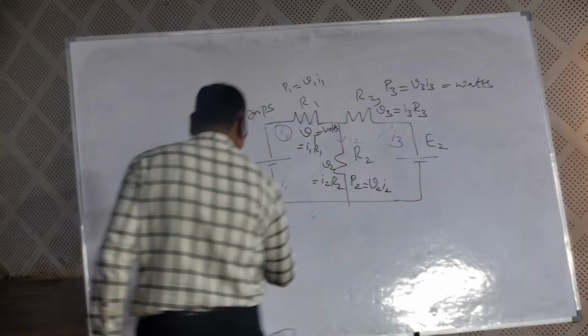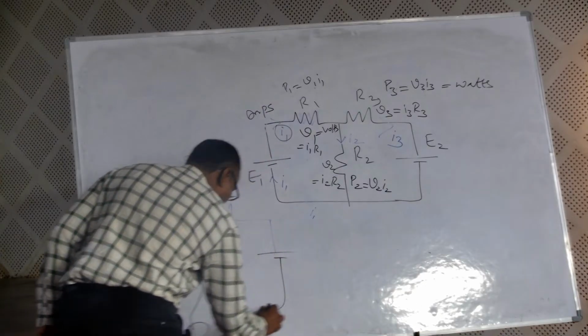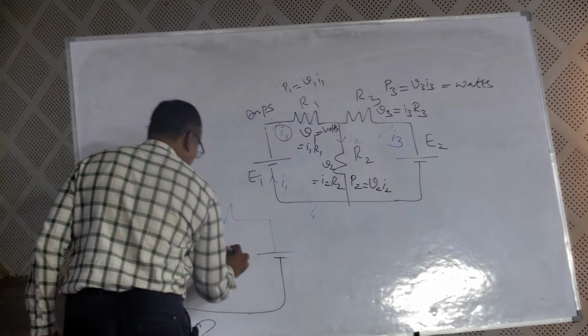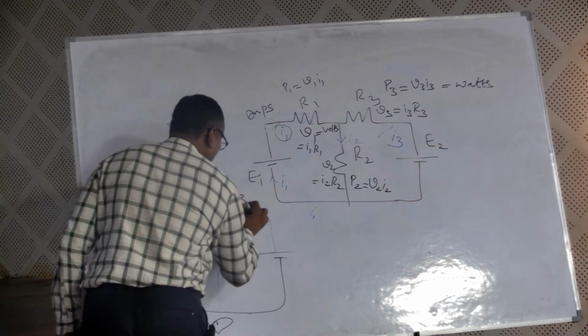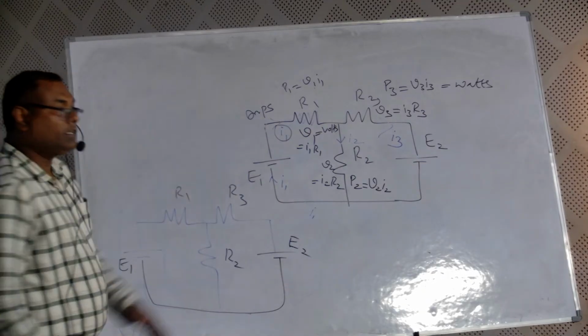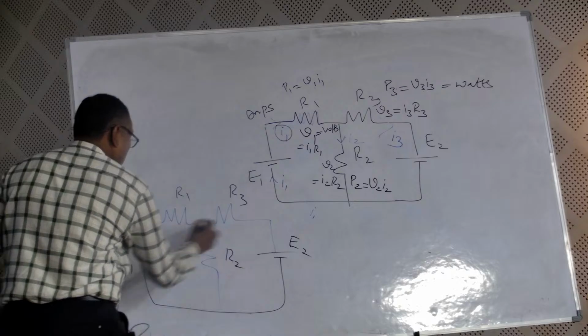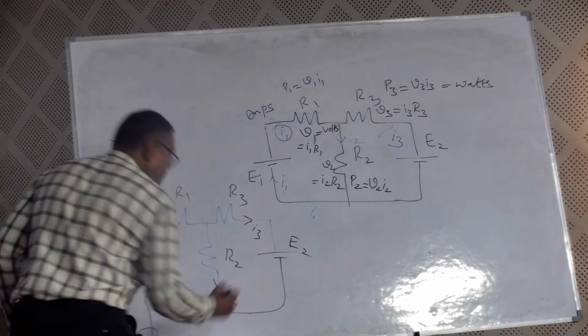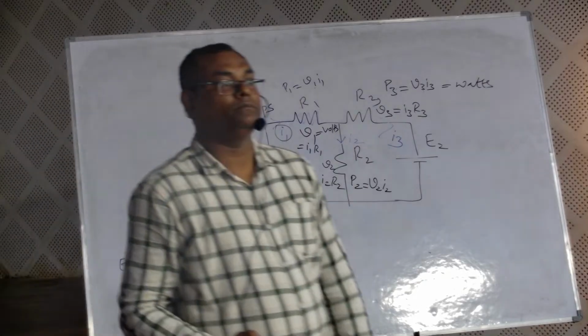Our target is to get small i1, small i3, small i2. This is our target for the given problem.